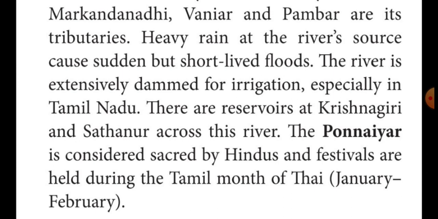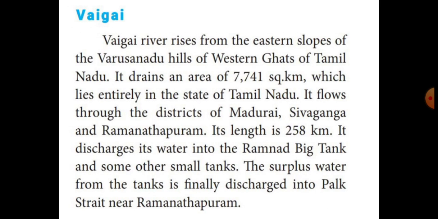Then the fourth important river is Vaigai. This river flows from the hills of Varusanadu in the Western Ghats of Tamil Nadu. First we learned about Kaveri, which originated from Karnataka. Secondly Palar, also from Karnataka.